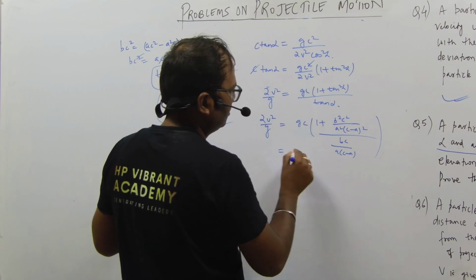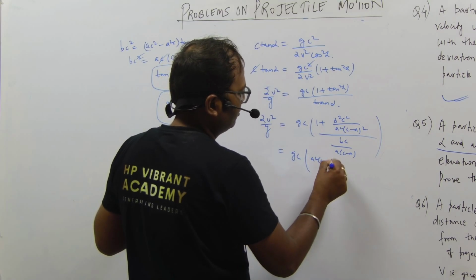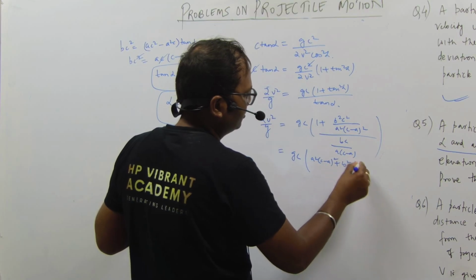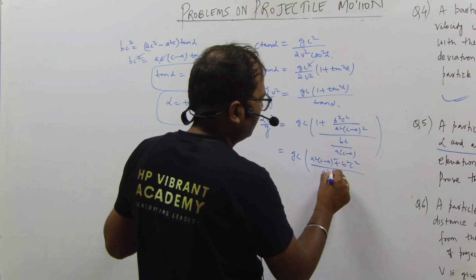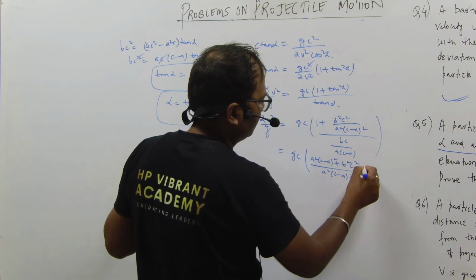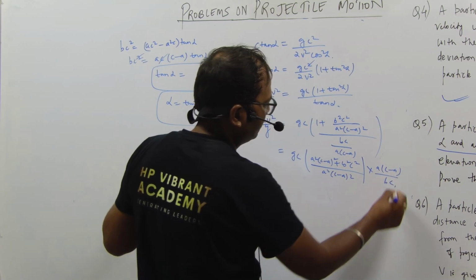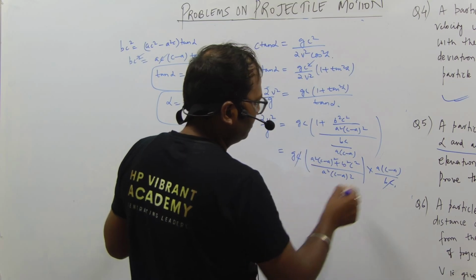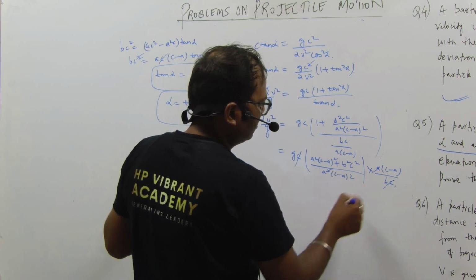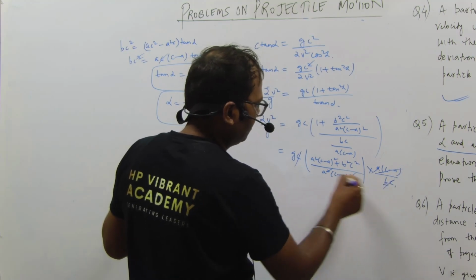So this is equal to c into a square into c minus a whole square plus b square c square, upon a square into c minus a whole square, into a into c minus a upon bc. So this c gets cancelled, this a gets cancelled, and this c minus a gets cancelled. So a and b will be left.